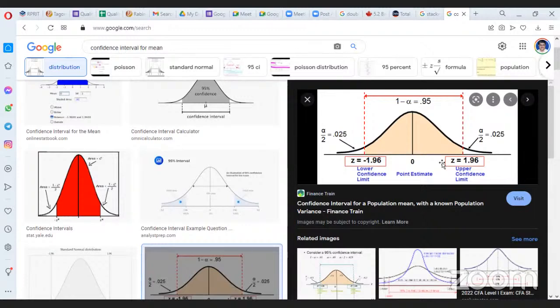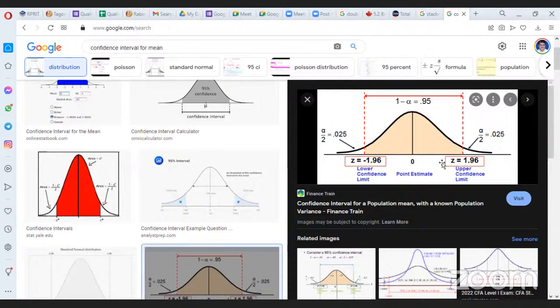For example, the probability of the population mean value being between minus 1.96 and plus 1.96 standard deviations, or standard scores or Z scores, from the sample mean is 95%.